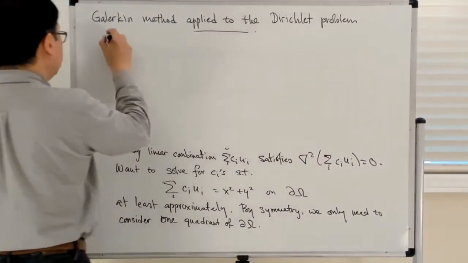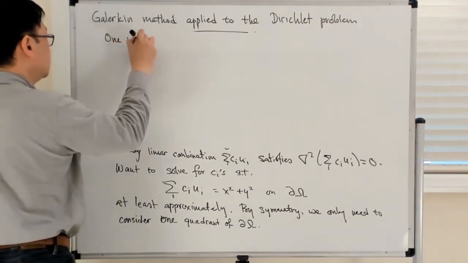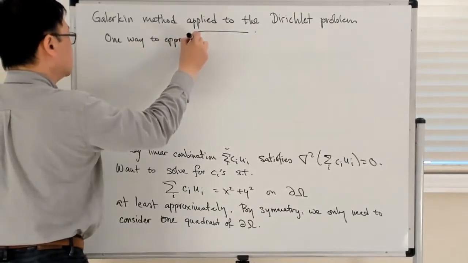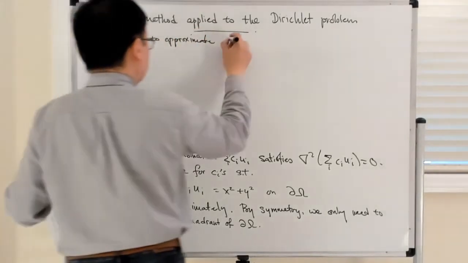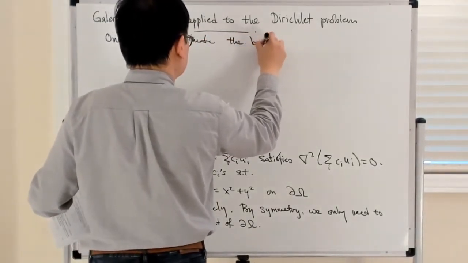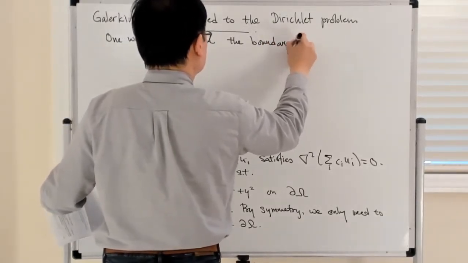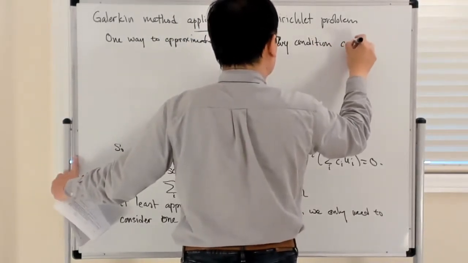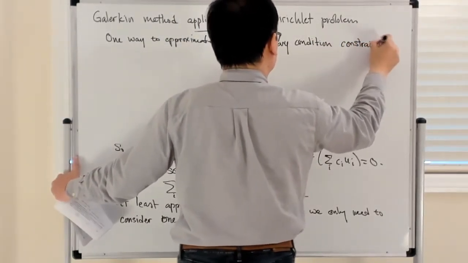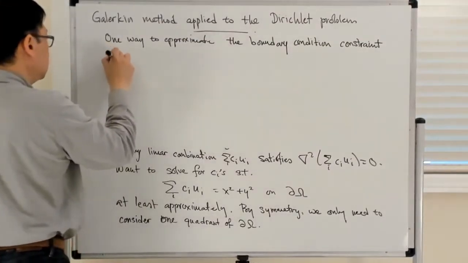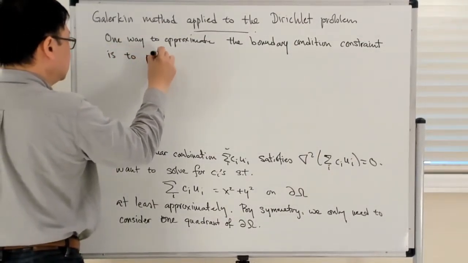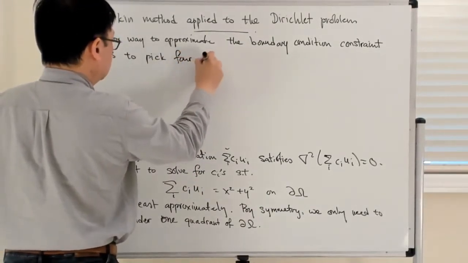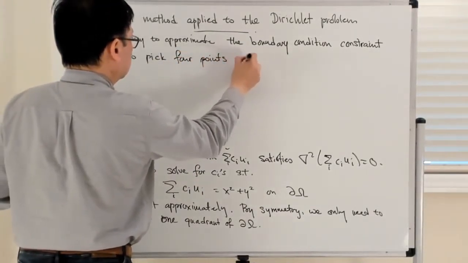One way to approximate this boundary condition constraint is to pick 4 points on the boundary.